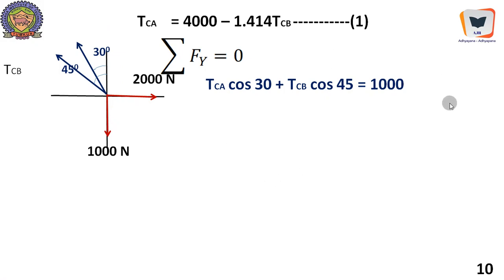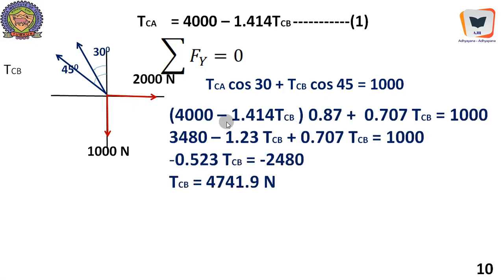So 1000 is sent to the RHS, so it becomes positive 1000. Therefore, we will apply that particular relation over here in place of TCA, and we will get a reduced equation, and finally we will come out with TCB to be 4741.9 Newton, and it has come out to be positive.